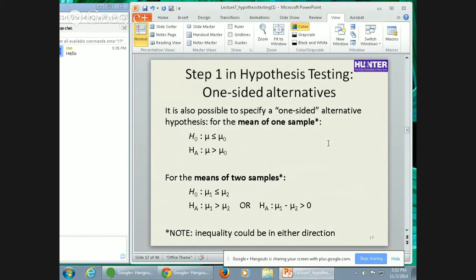So if your treatment is something that you're doing because it is cheaper, and your hypothesis is that it is no less effective than the control group, the standard of care, you may actually want an alternative hypothesis that is one-sided, with your treatment being less effective than your control, because you have no grounds to believe that it's actually better than the control.